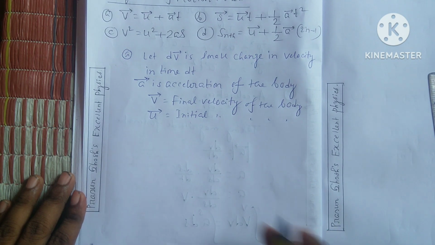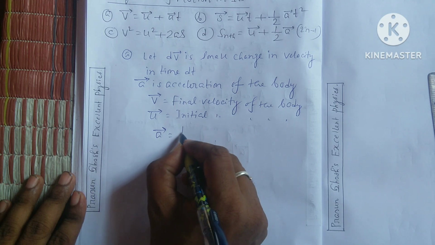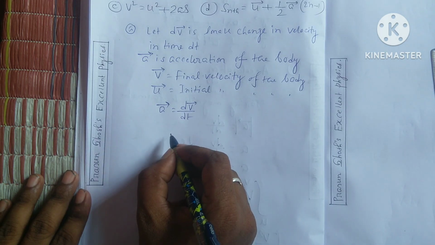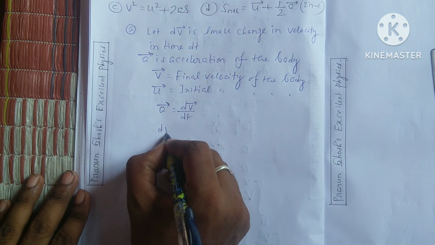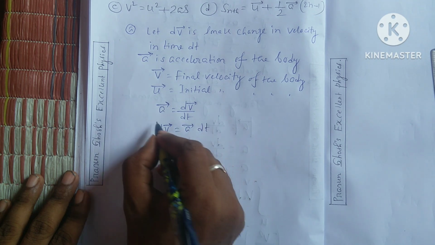Here we know that a equals dv by dt. So we get dv equals a dt.